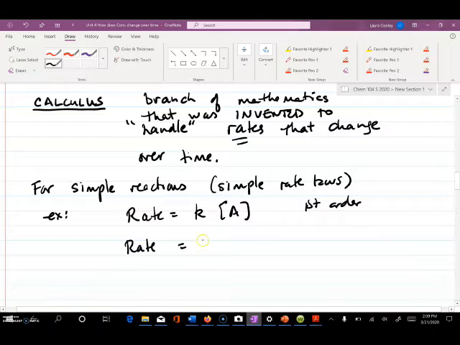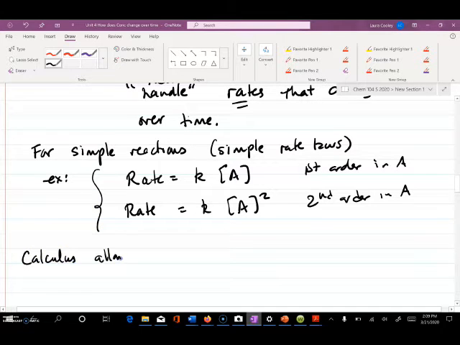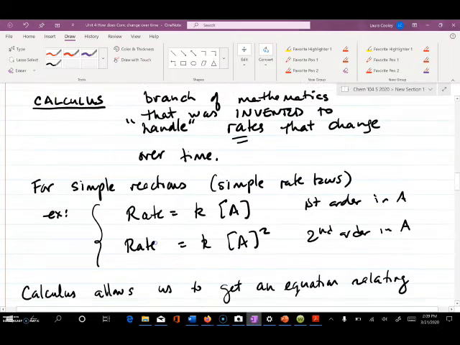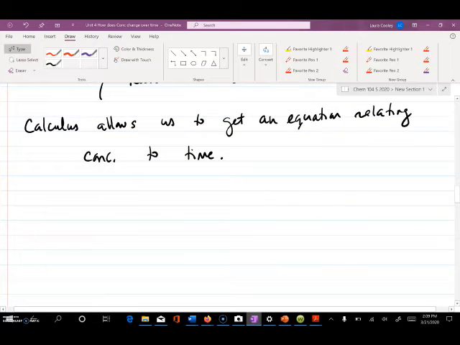Or it could work for a second order if it looks like this, proportional to the square of the reactant, that's second order in A. For these simple rate laws, calculus allows us to get an equation like this, that means an equation that relates concentration to time. All right, great. So how do we do this?